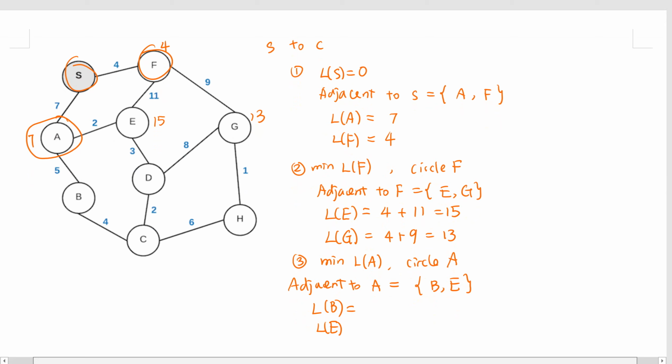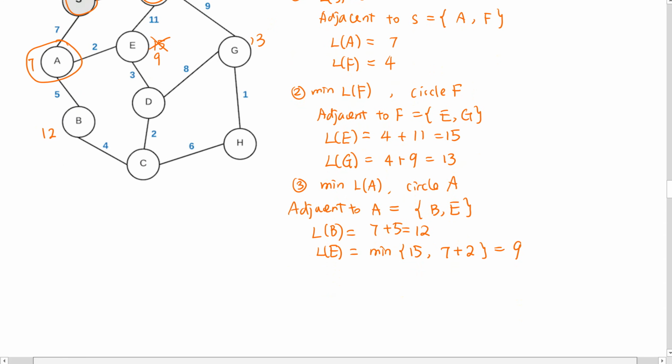L(B) is 7 plus 5, which is 12. L(E), because it already has a label, is the minimum of its original label and the label of A. So 7 plus 2. Ooh, you see it changed to 9 now. So cross out the 15 and change to 9. The B is 12. So far, so good, everybody.